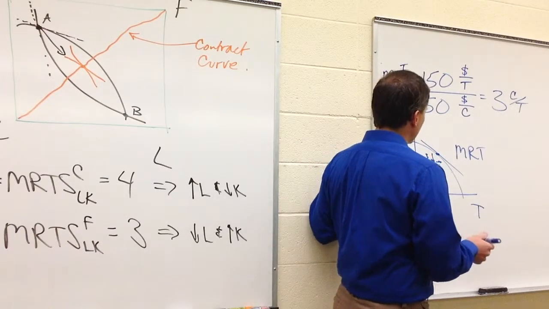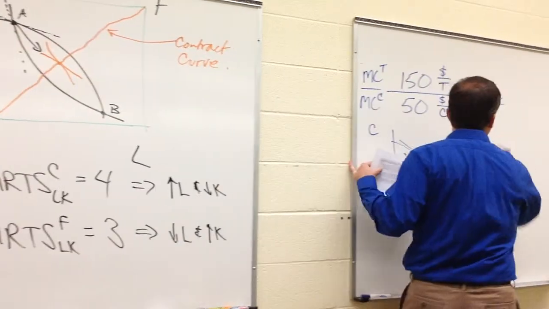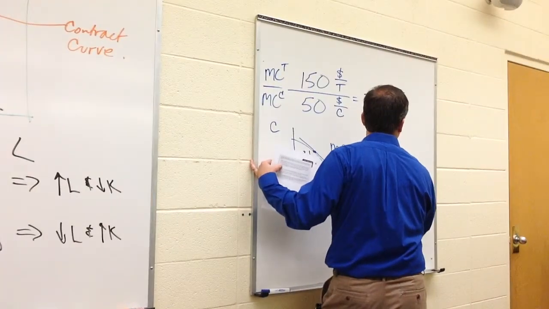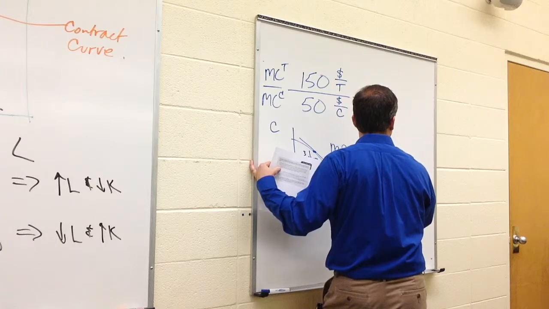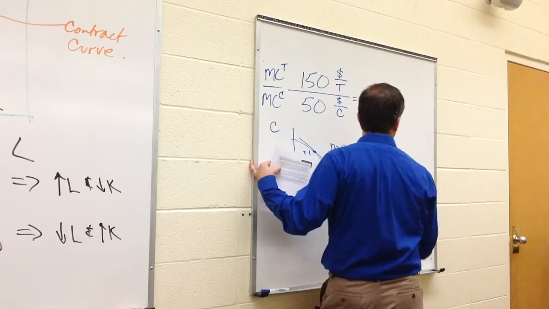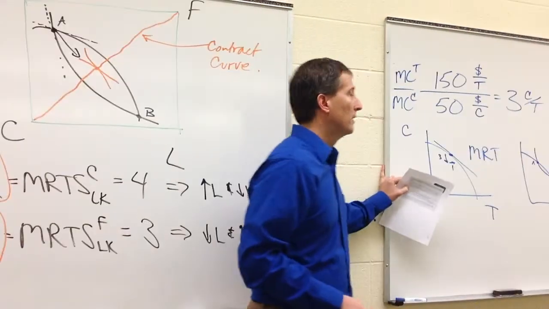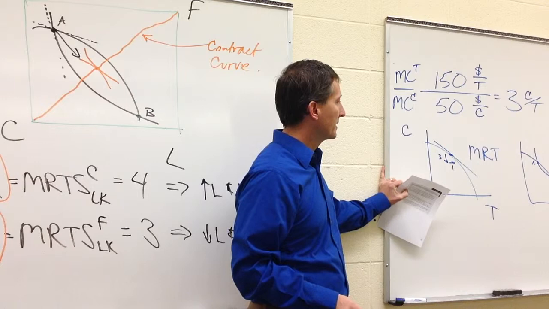So we've got one of those deals where right now we are at another inefficient position. Kind of like before, are we at point A or point B? Because there's our indifference curve. Are we at A or B in this case?